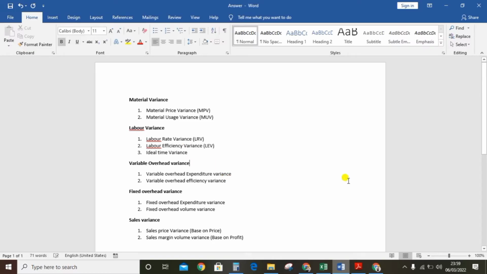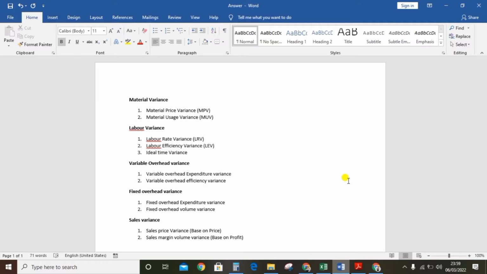Then under the variable overhead variance, we need to calculate two variances: variable overhead expenditure variance and variable overhead efficiency variance. Under the fixed overhead variance, we need to calculate two variances: fixed overhead expenditure variance and fixed overhead volume variance.